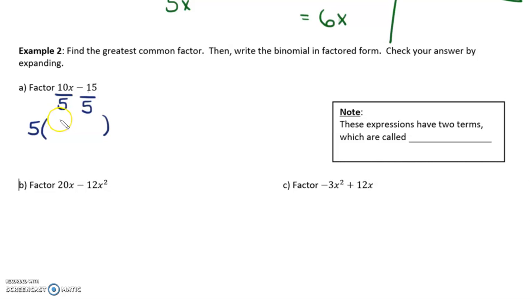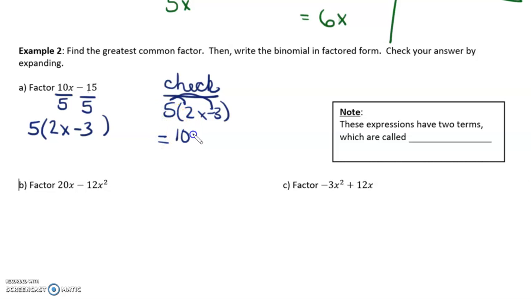So we're left with 2x minus 3. To check, we take the factored form and expand the 5 into the bracket: 5 times 2x and 5 times negative 3. These are the same, so our answer is correct.